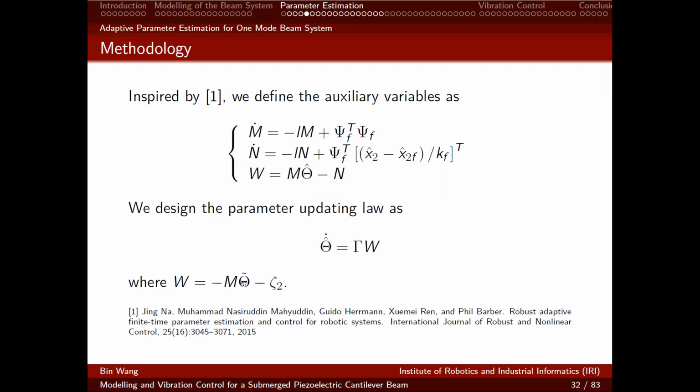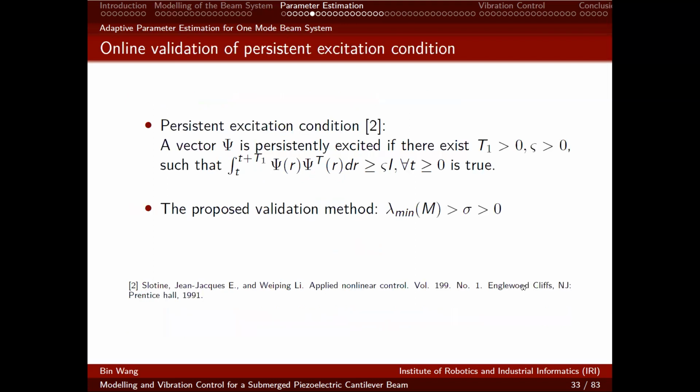As you can see, the W is driven by the parameter estimation error. So the persistent excitation condition can be validated online by using this method. The persistent excitation condition is necessary for parameter estimation.